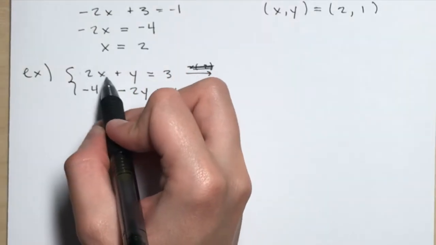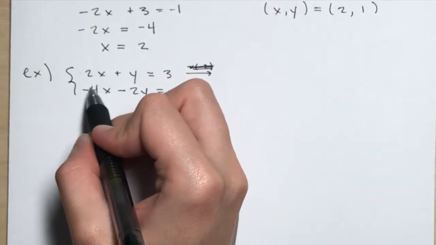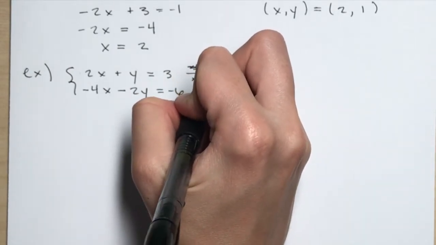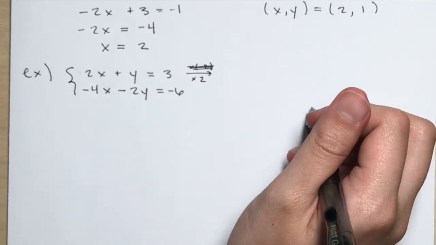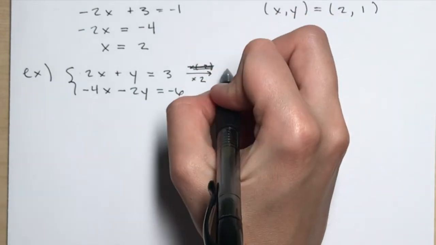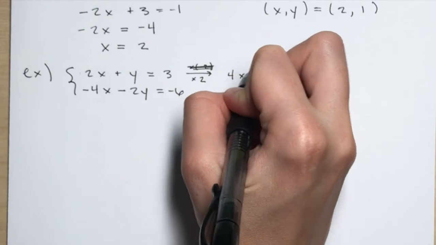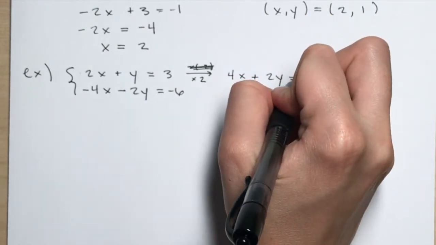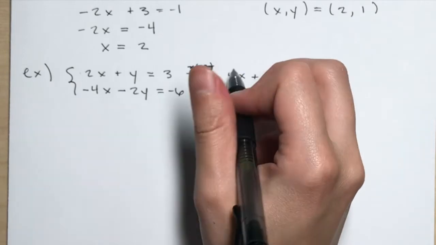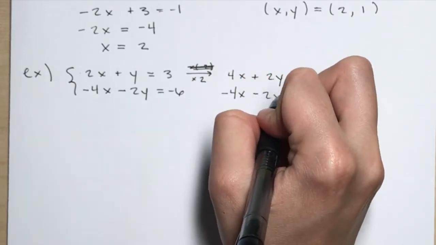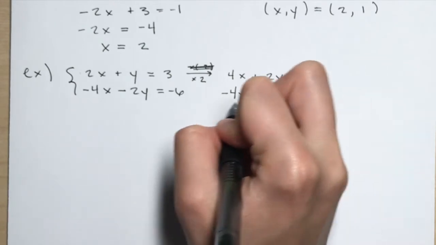Looks like this guy's already positive and this guy's negative, so all I have to do is multiply this by 2. That would give me 4x + 2y = 6. Underneath I have -4x - 2y = -6.